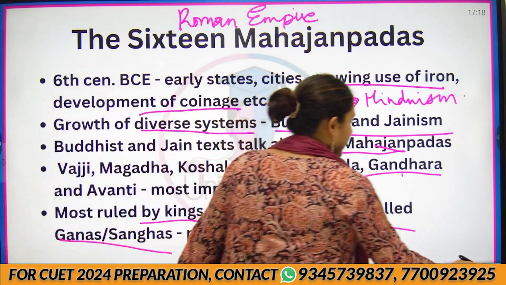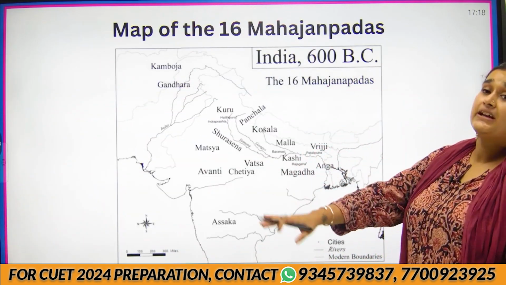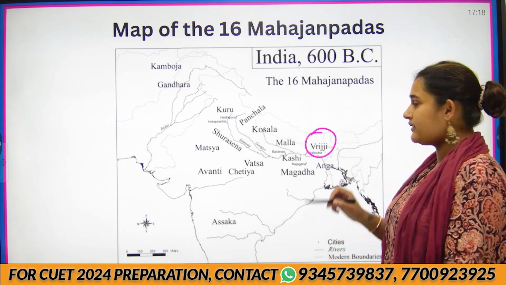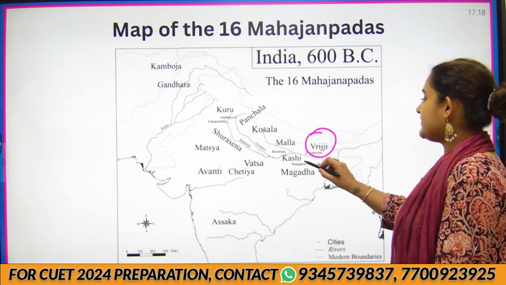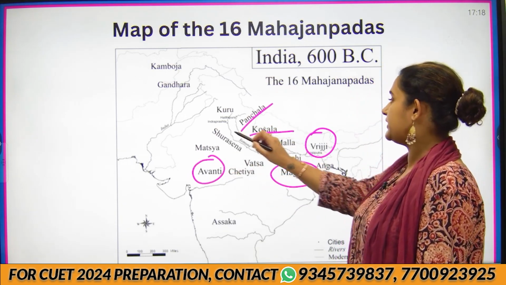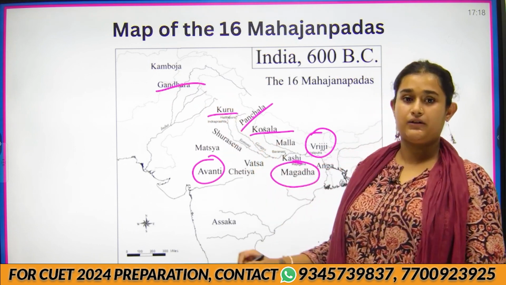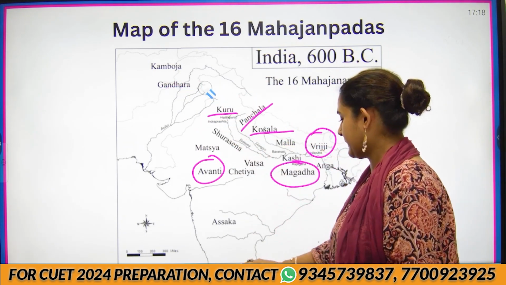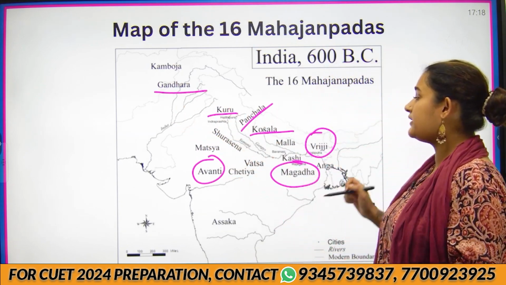Now, this is a map of the 16 Mahajanpadas. Here we see Vajji or Vrijji, okay? We see Magadh, we see Avanti, Panchal, Kaushal, Kuru and Gandhar. Okay, oh, I rubbed off Gandhar, I'm sorry. Gandhar, okay?